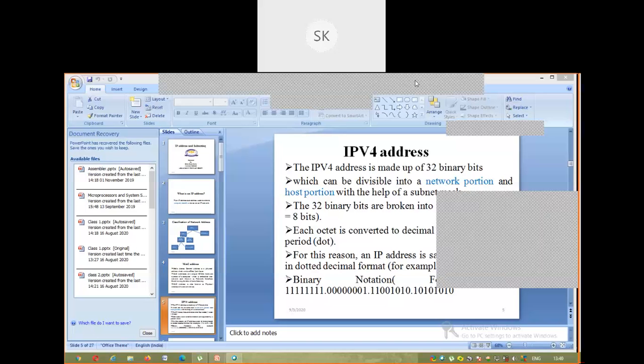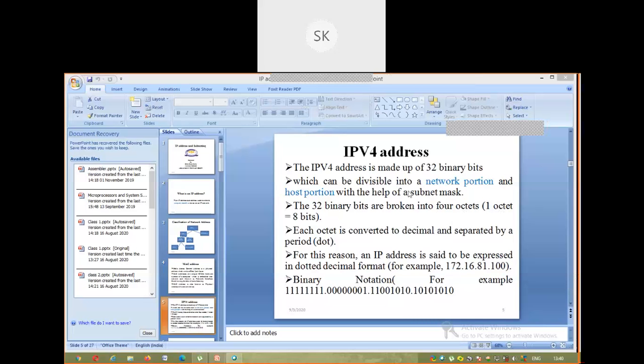That last line you have written, with the help of the subnet mask, we will identify which portion is network and which portion is host. Later, as of now, you remember these things. Once we discuss in detail, it will be clear.